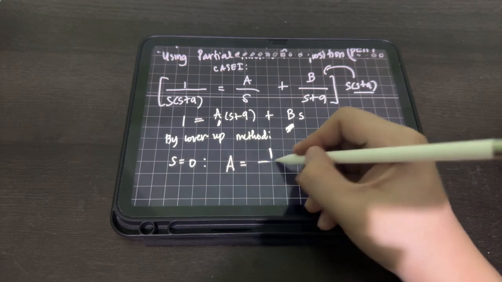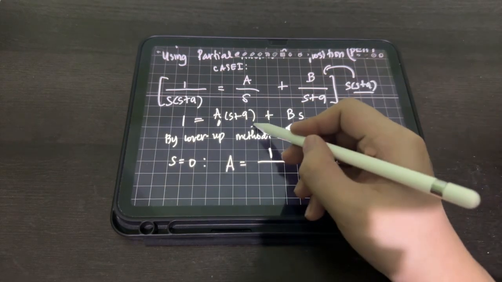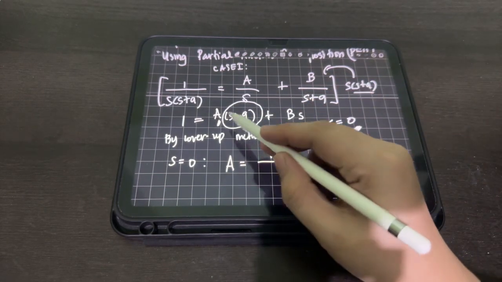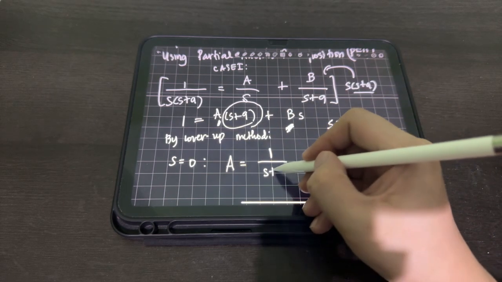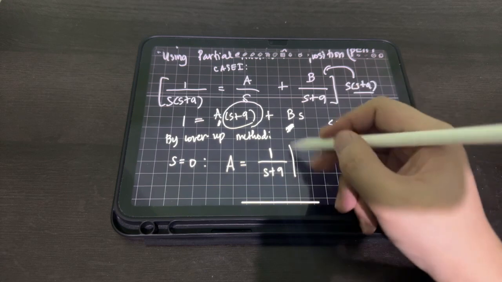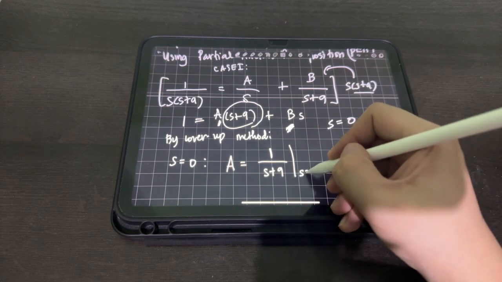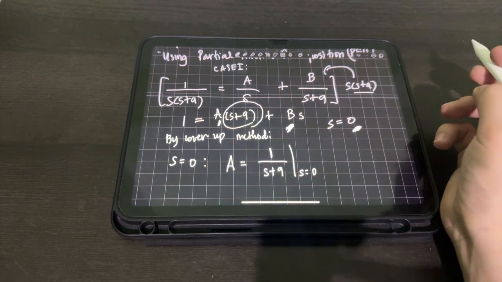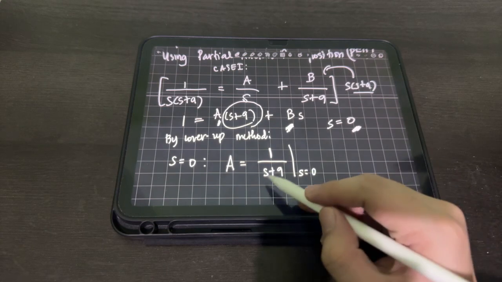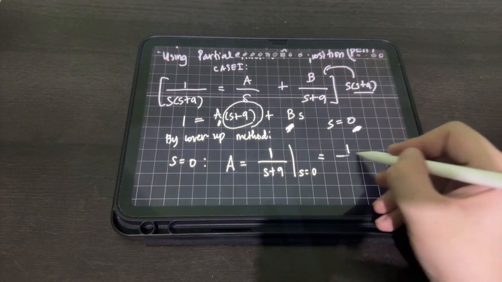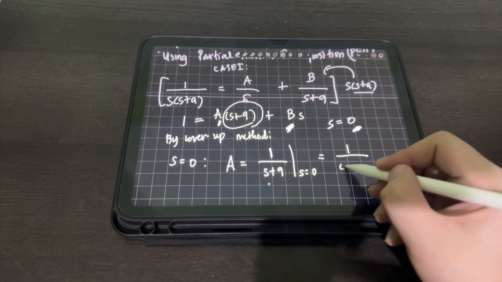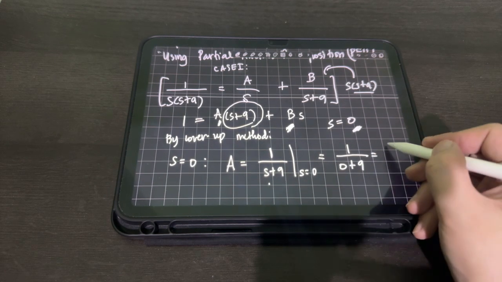That will be the numerator over the coefficient of the A, which is S plus 9. That will be the denominator. Then evaluate this expression at S equal to 0, meaning you substitute S is equal to 0 here. So it is 1 over 0 plus 9.